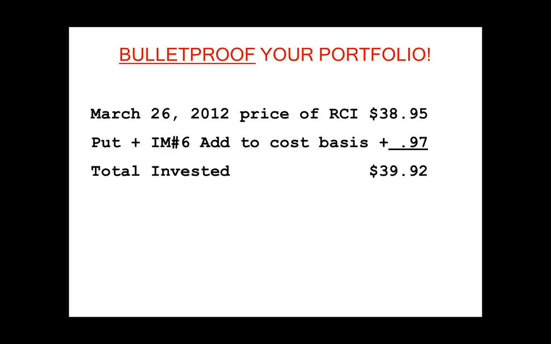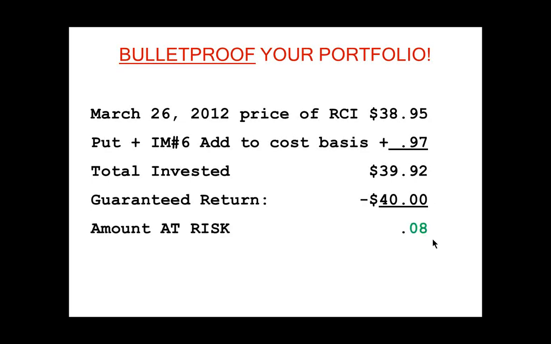So we've got a total invested amount of $39.92, and we've got stock, and we've also got a put option that guarantees that we're going to get $40 back. Now, the stock could go above $40, right? That's right. Yeah, it can still go above $40, but what it can't do is lose us any money. We've got a negative amount at risk. We'll see that.